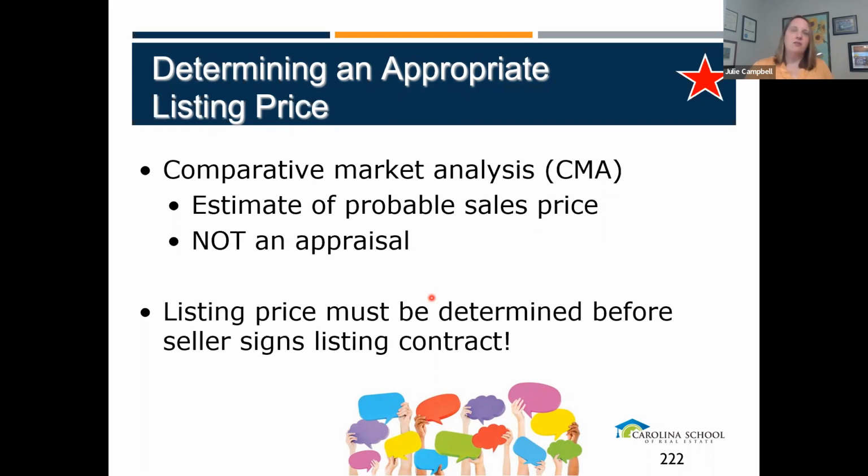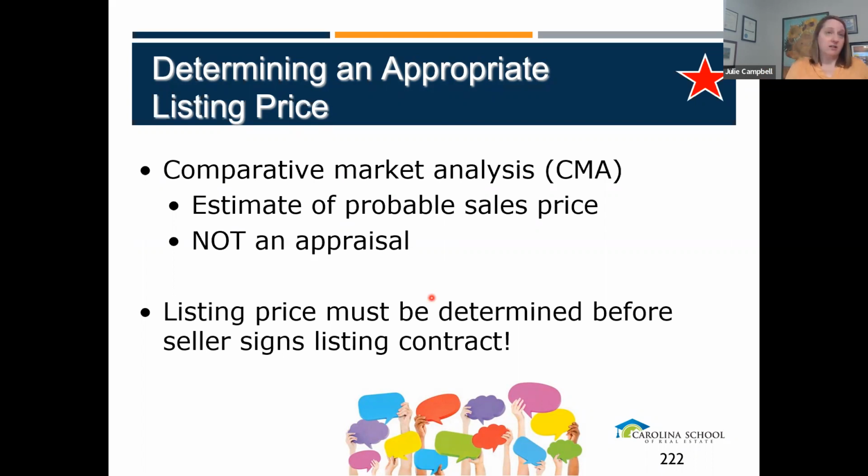A CMA looks at recently sold properties nearby. Basically, what a CMA is saying is, in this neighborhood, within the past 6 months, what were buyers willing to pay for their home? And based on recently sold properties nearby, it can help me determine the probable sales price for the property that I want to list.